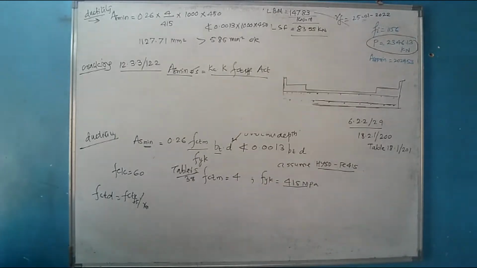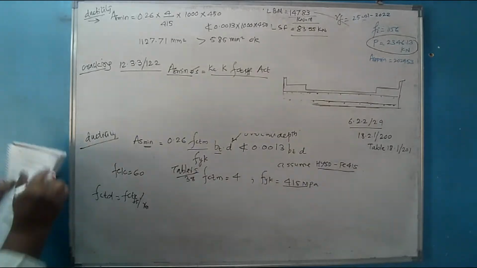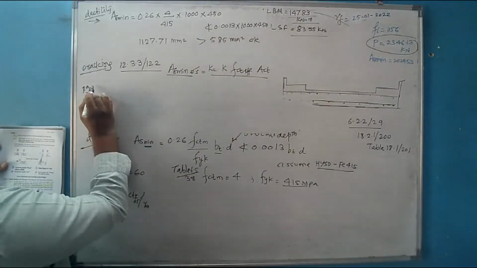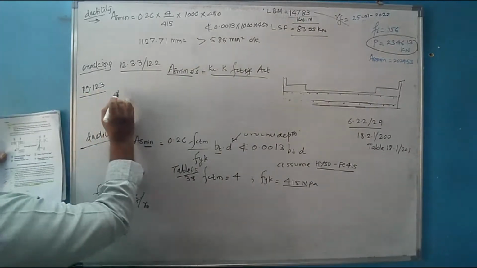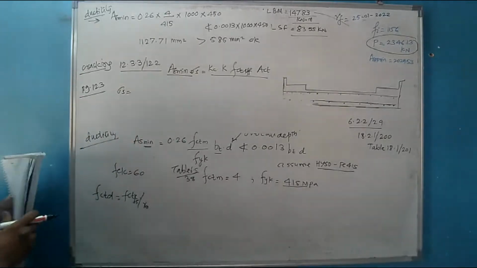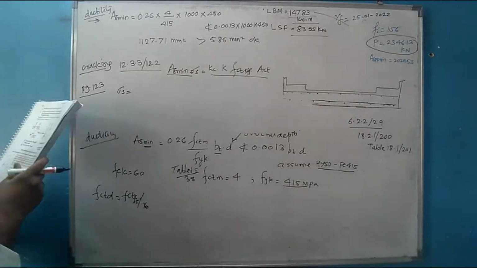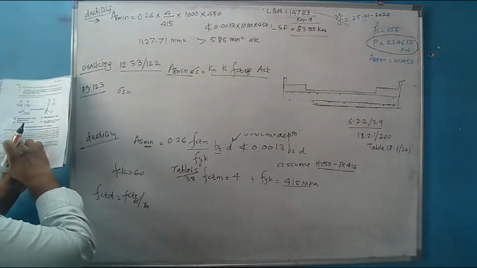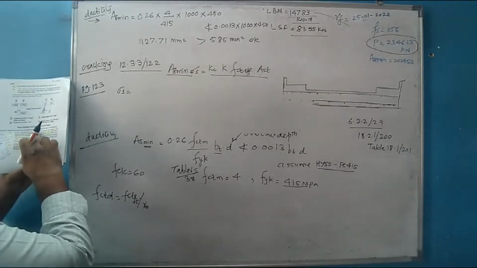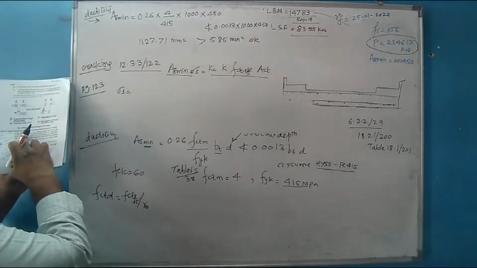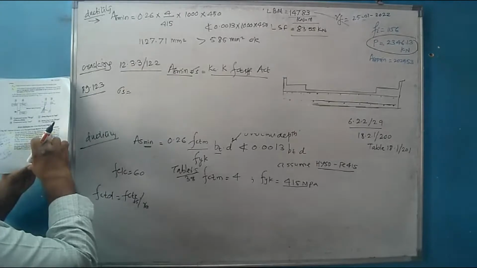Minimum area of steel. Now we need a value. What is sigma s? For sigma s you need to refer page 123. What is sigma s? It is the absolute value of the maximum stress permitted in the reinforcement immediately after formation of the crack.